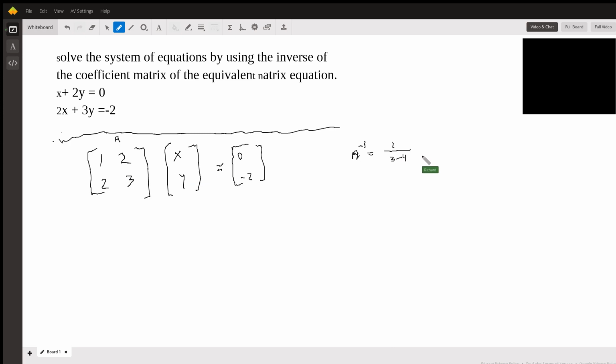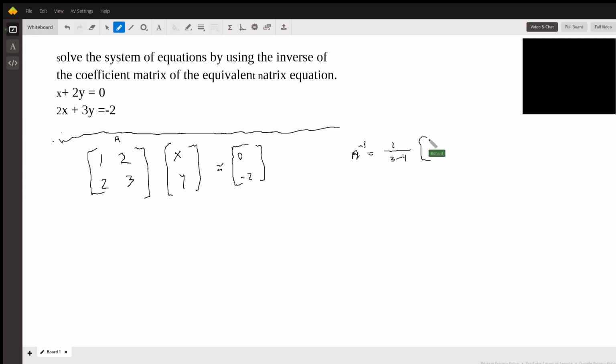And then you negate the values off the diagonal, the 2s, and you swap the values on the diagonal. Sorry, I forgot to move them. So you swap them and negate them.